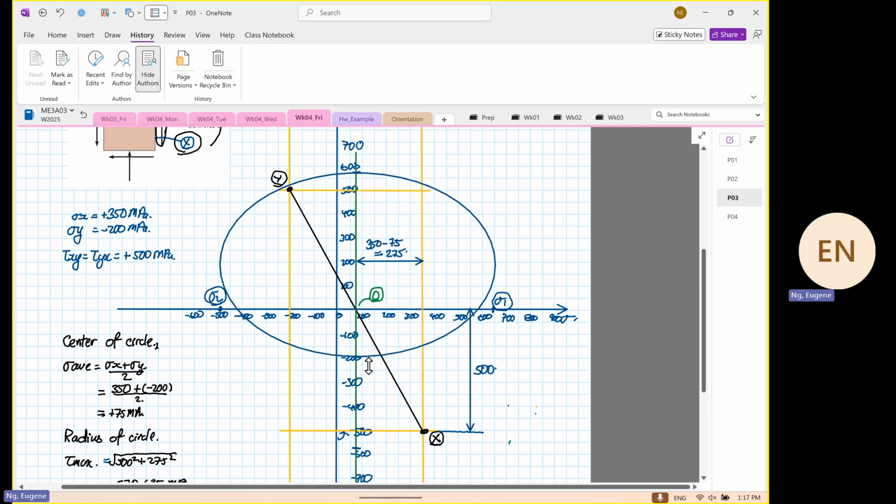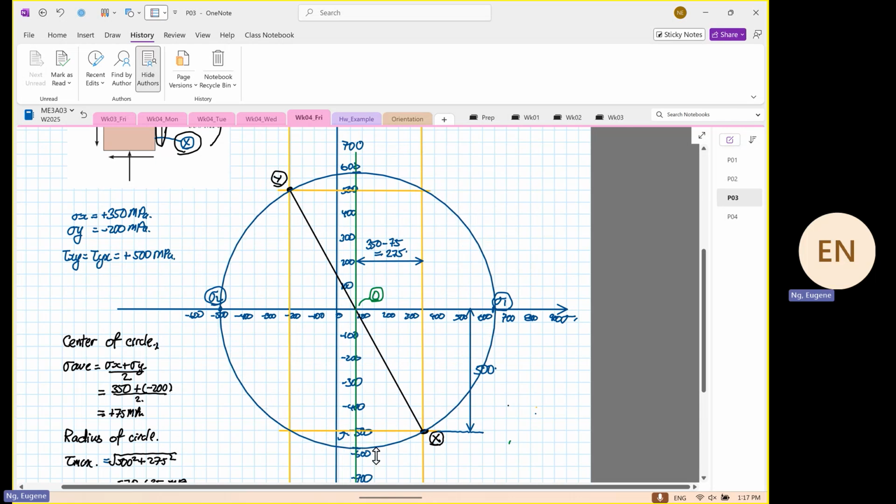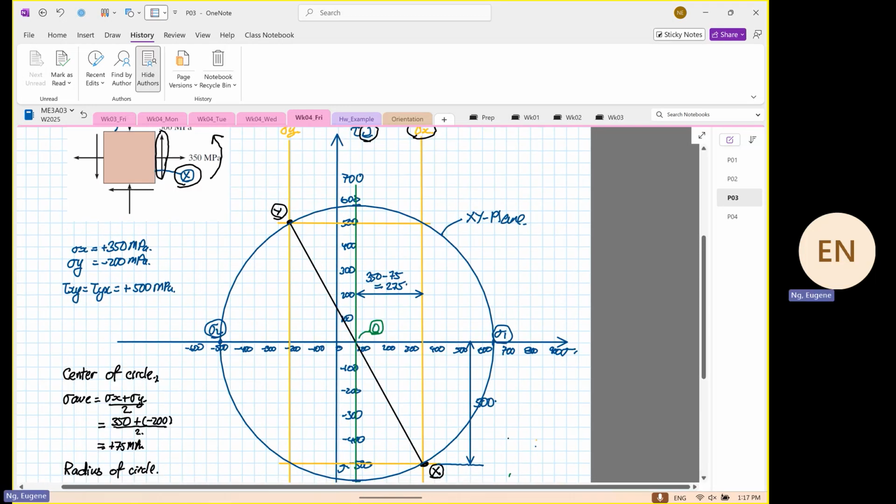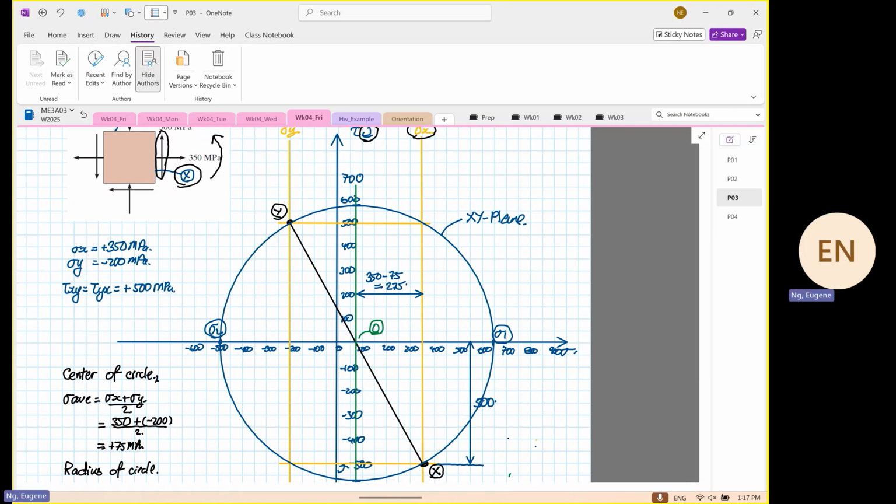So you stretch this out using your mathematical set. This Mohr circle is for your X, Y plane. Class, meet Mohr circle, Mohr circle, meet the class.